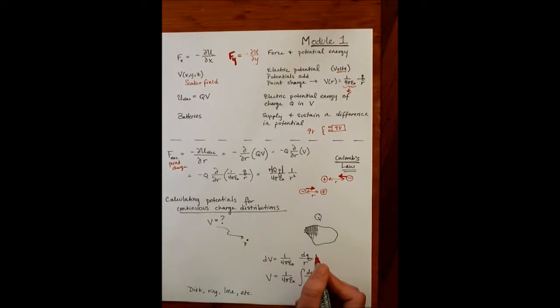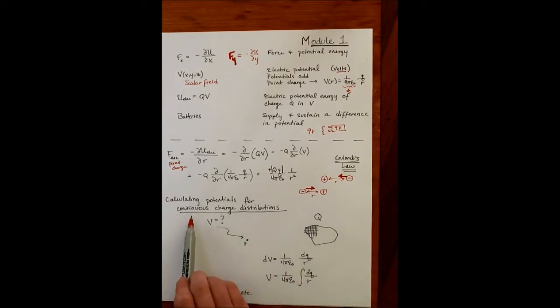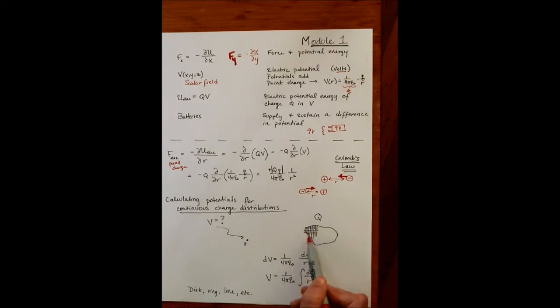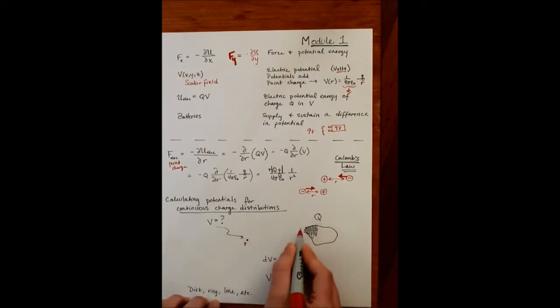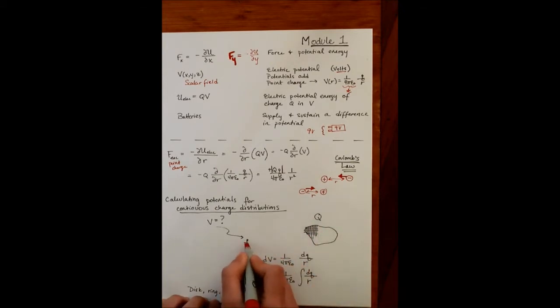And then finally we talked about calculating potentials for continuous charge distributions. So here I have a blob of charge continuously distributed, and the total charge is Q. And I want to know what the potential from this arrangement of charge is at point P. So how can I do that?